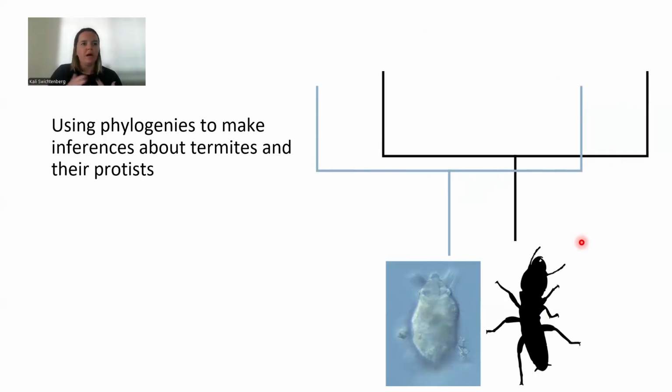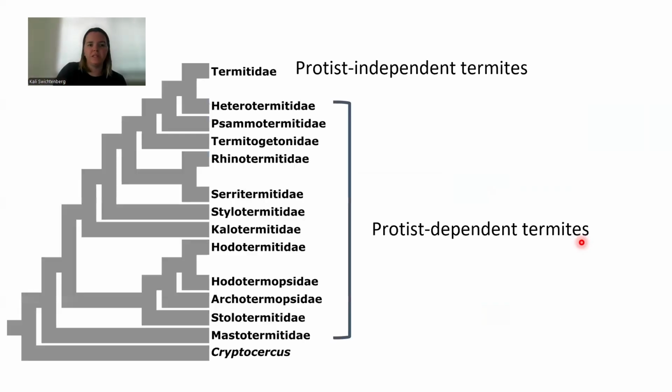We can make other assumptions about termites and their protists by using different phylogenies. So, for example, this one right here. On the left-hand side is a cladogram of termites in termite families, and its outgroup is Cryptocercus, which is a wood-feeding roach.